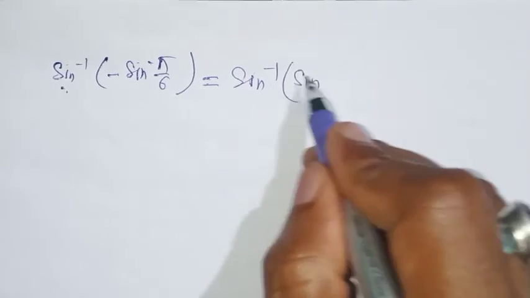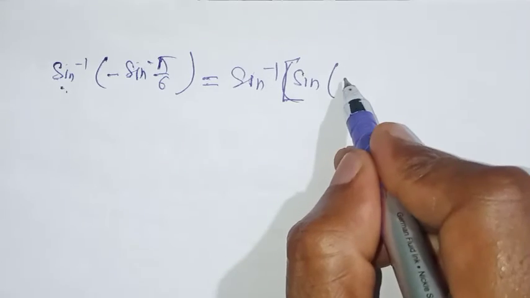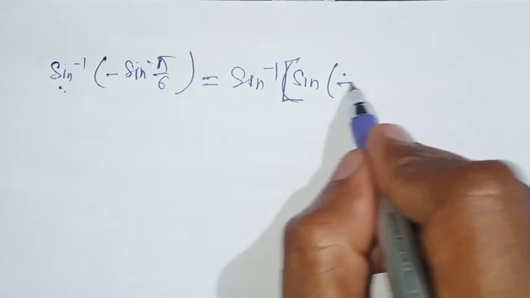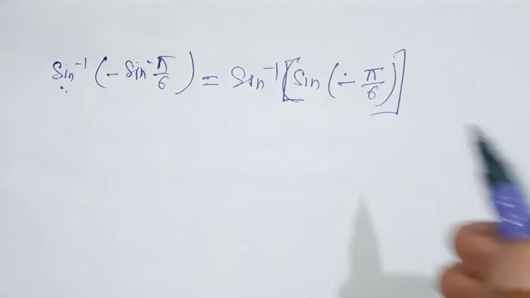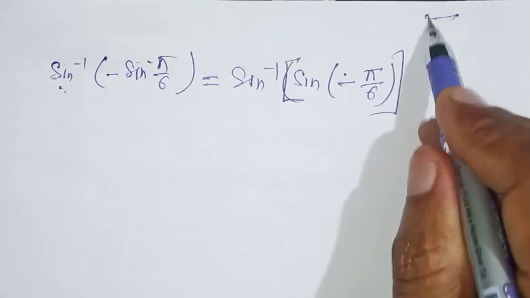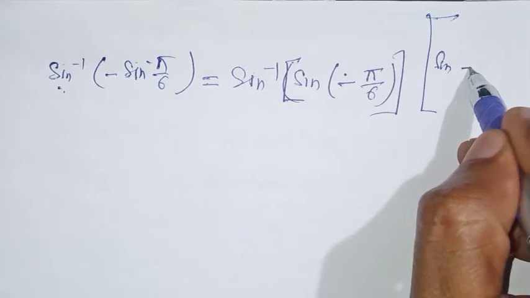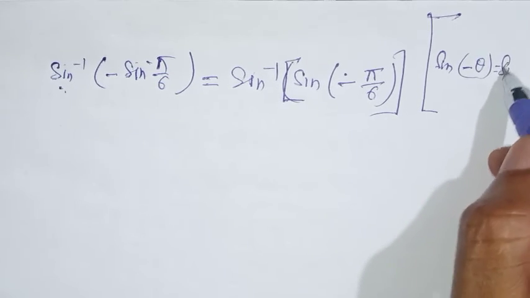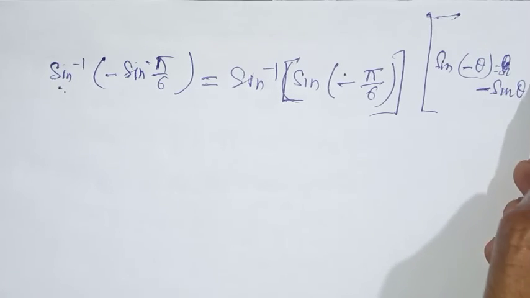We can write sine inverse sine bracket, this minus remains minus, so minus pi by 6. So what is the formula? The formula is sine of minus theta equals minus sine theta.